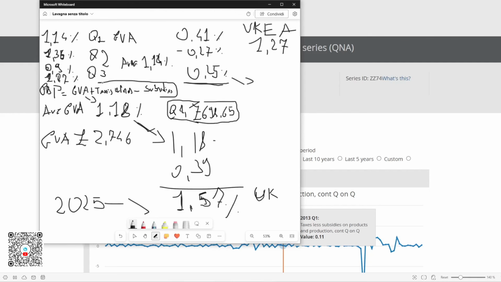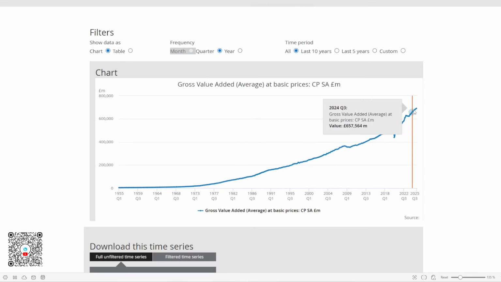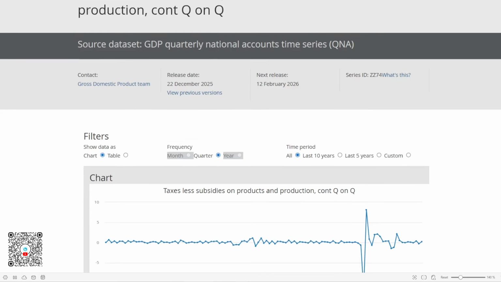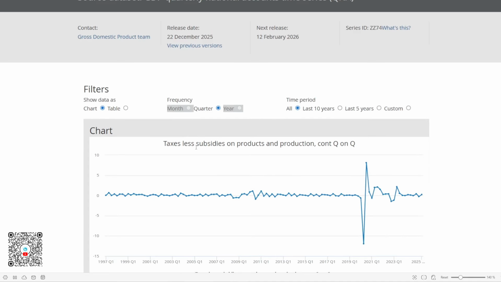Okay, this is this bit. We take the average. We take the percentage change quarter on quarter of gross value added, and we add the average of the tax less subsidies on products and production. So we are adding the tax and subtracting the subsidies, because subsidies is the money that the government pays out, taxes is the money that the government takes in.